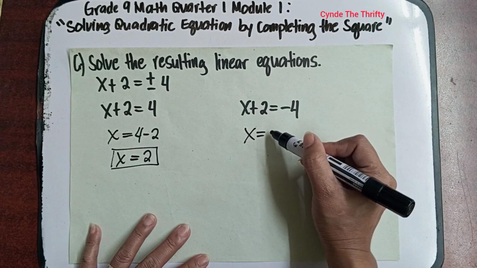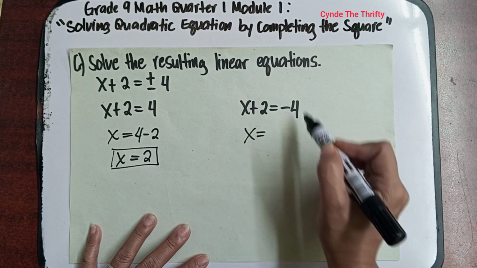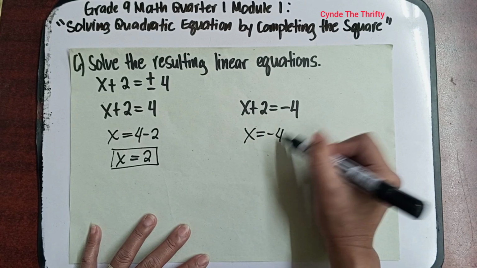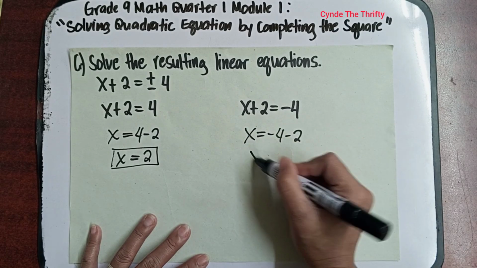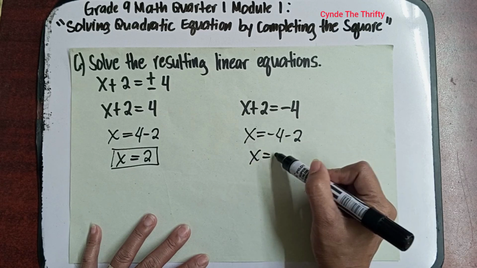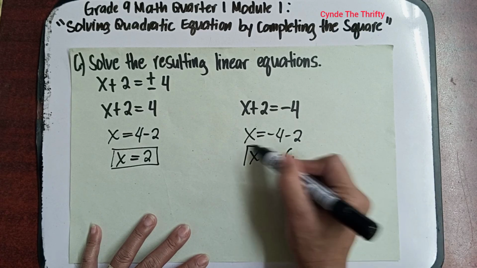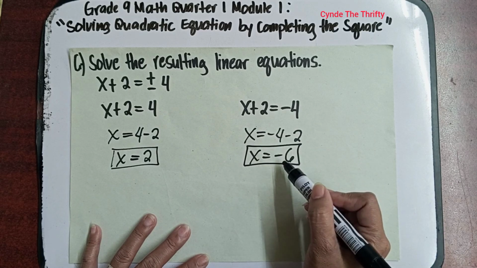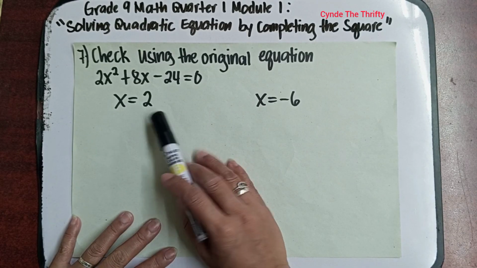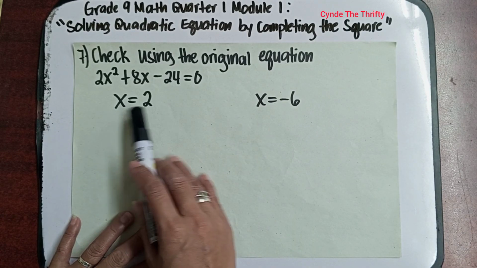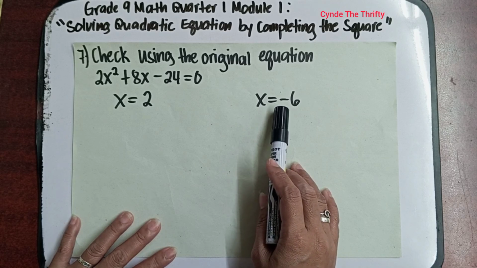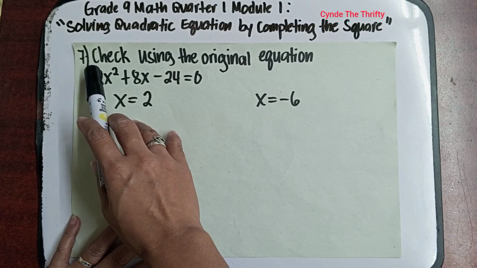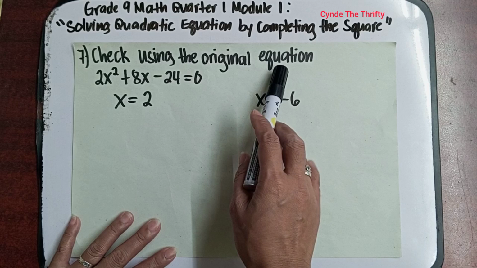So, x is equal to, ilipat natin si 2 sa kabila. So, minus 4, dahil positive 2 siya, magiging negative 2. So, x is equal to negative 6. Okay, so ito yung pangalawang value ng ating x. Meron na tayong dalawang value ng ating x, that is x is equal to positive 2 and x is equal to negative 6. So ngayon, ang step 7 natin is check using the original equation.